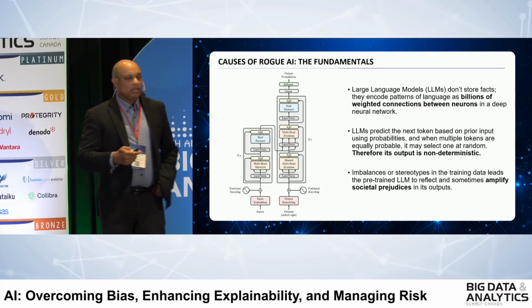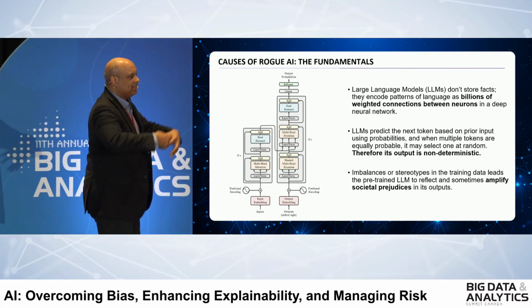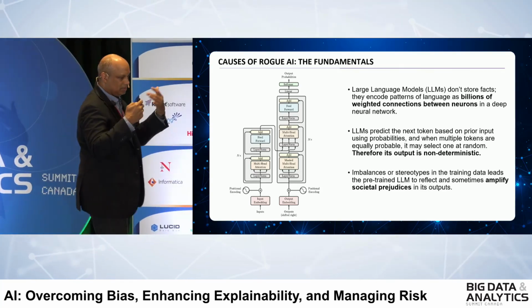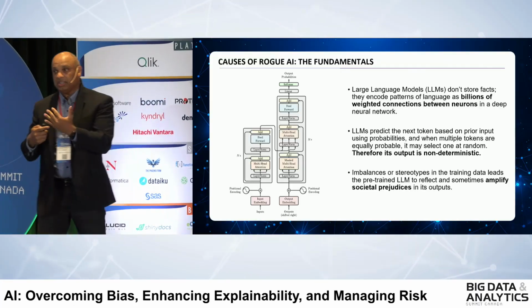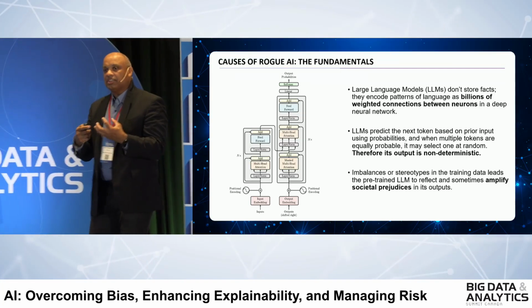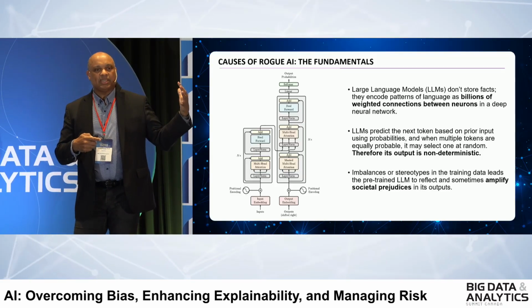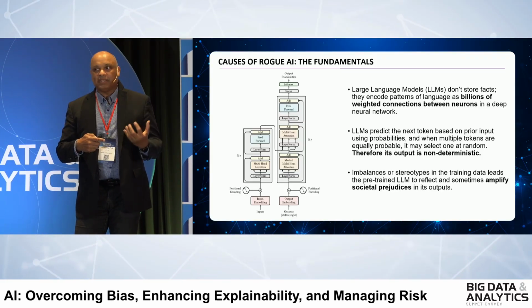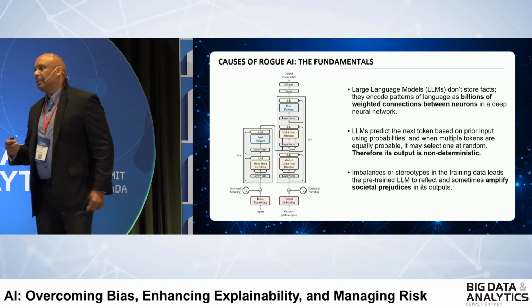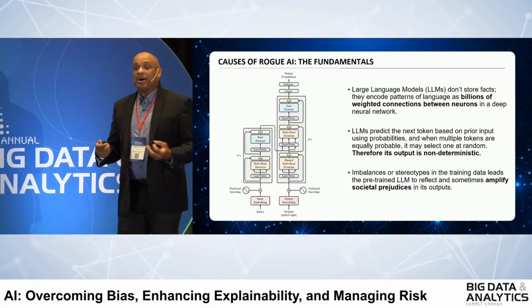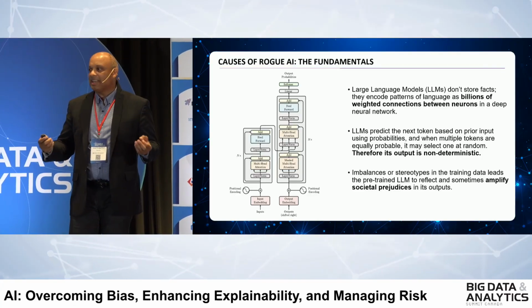Now, the other problem is that these LLMs are called GPT for a reason, because it's generative pre-trained, and that pre-training uses publicly available data off the internet. And unfortunately, inherent in that data are biases, which we see every day.